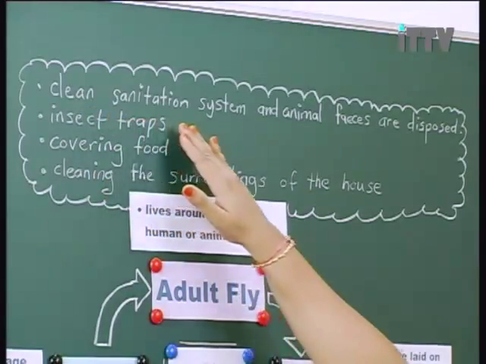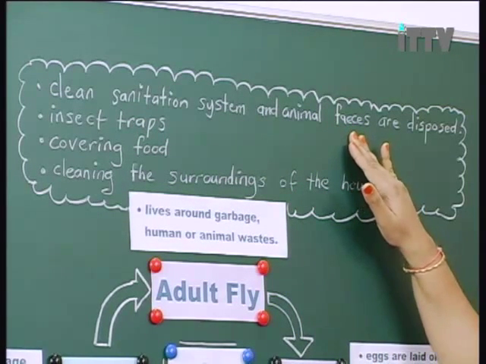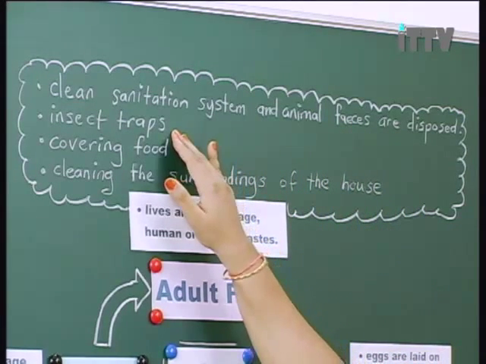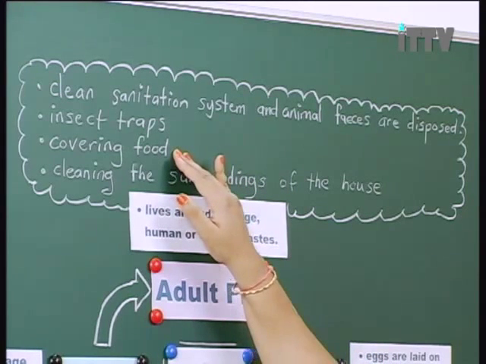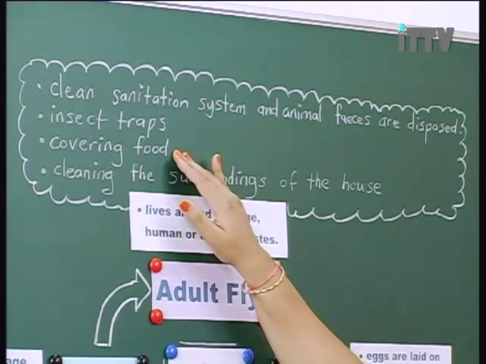First, make sure there is a clean sanitation system and the animal feces are disposed of properly. Have insect traps in the house. Cover the food and make sure when you are using these insecticides, the food is covered properly so that it is not exposed to this toxic spray.